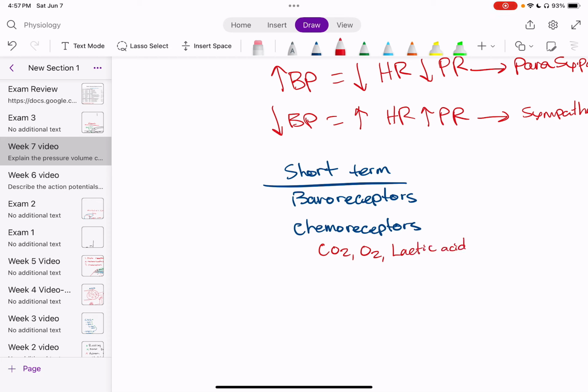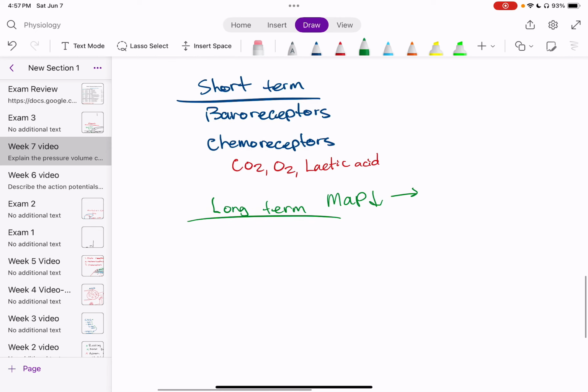But a more long-term way that it uses this is when it senses mean arterial pressure is low, it releases renin.